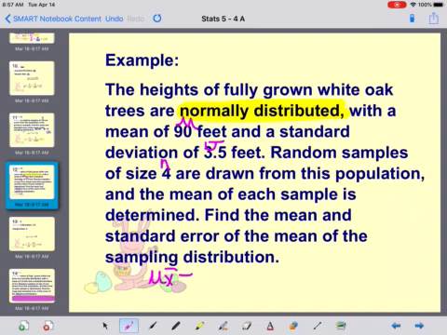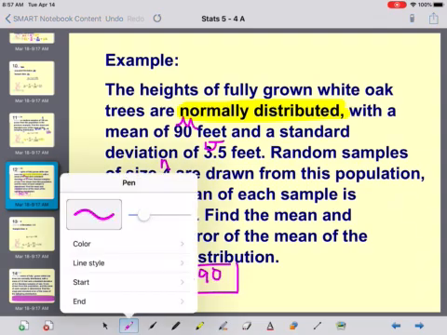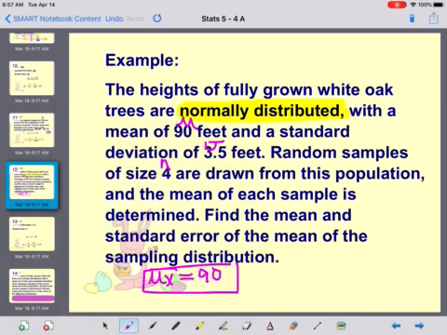So the mean, mu x bar, is the same as the mean that was given to you, which was 90. Done. Then baby sigma x bar is the only thing you actually have to calculate. Take your baby sigma, which was 3.5, and you divide it by the square root of your sample size.